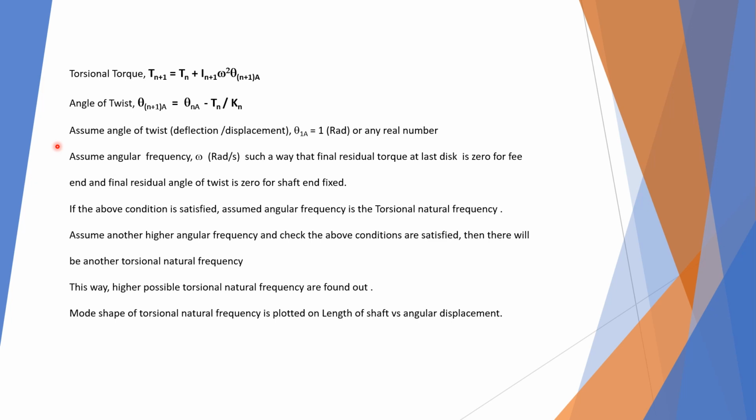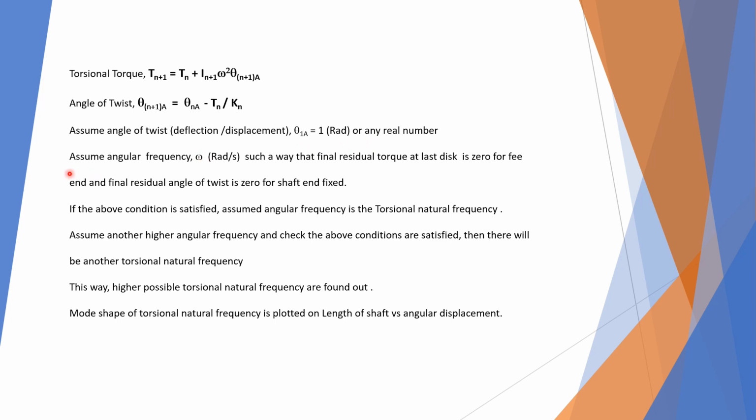So assume angle of twist theta 1 is 1. This is where the Holzer method is used. Assume angle of twist theta 1 is 1 radian or any positive number, but normally 1 is selected.